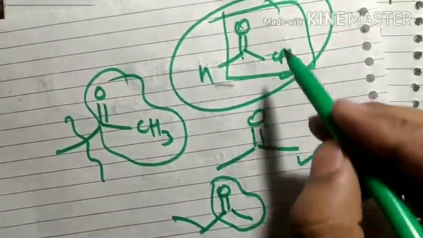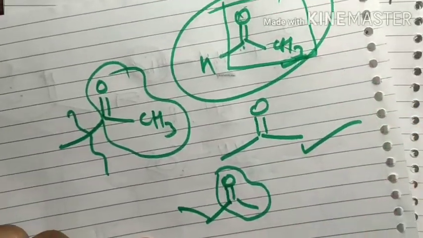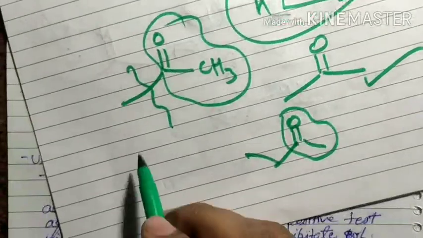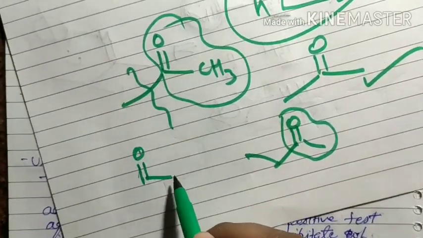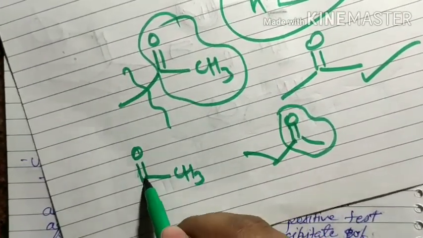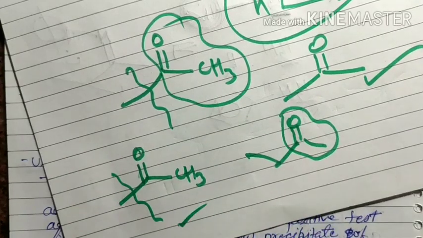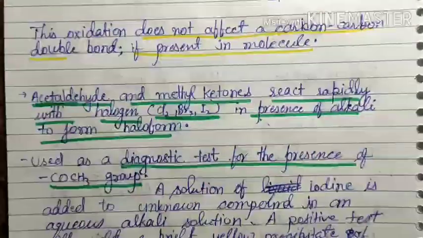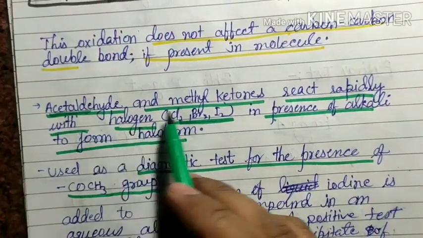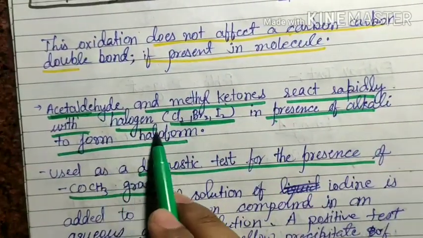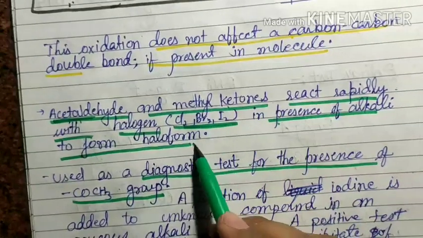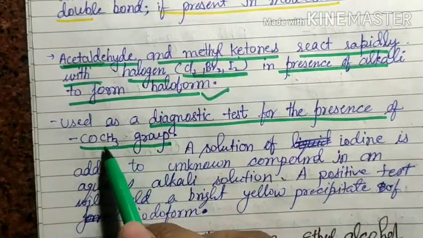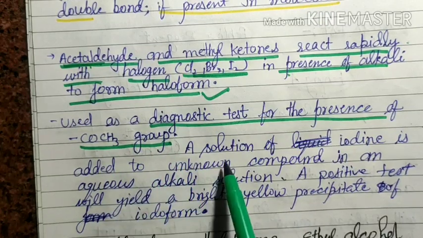So this is a test for the C double bond CH3 group, and the essential requirement for the iodoform reaction, or the haloform reaction, is that the C double bond OCH3 group should be present. So what I have written here: acetaldehyde and methyl ketone react rapidly with halogen in the presence of alkali to form haloform, used as a diagnostic test for the presence of the COCH3 group, that is the methyl ketone group.